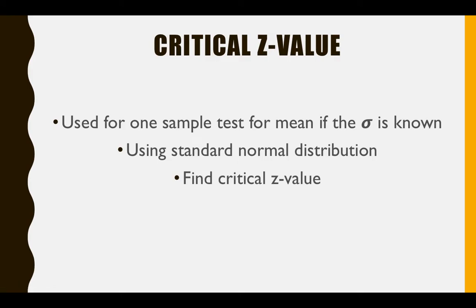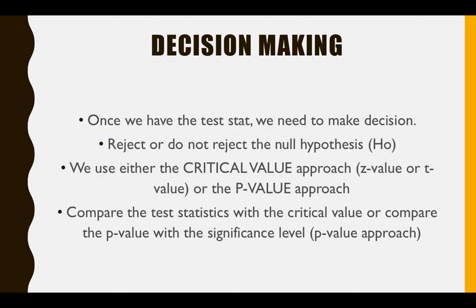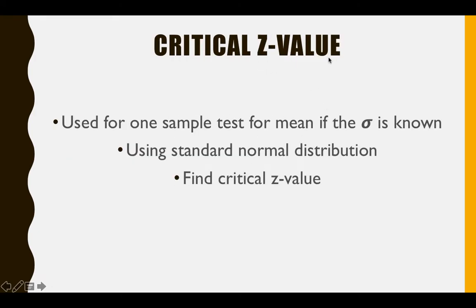Okay, critical Z value. So remember how to calculate the critical value? Critical Z value is used for a one sample test for mean if the population standard deviation is known, meaning that Z value is using the standard normal distribution and you should find the critical Z value.